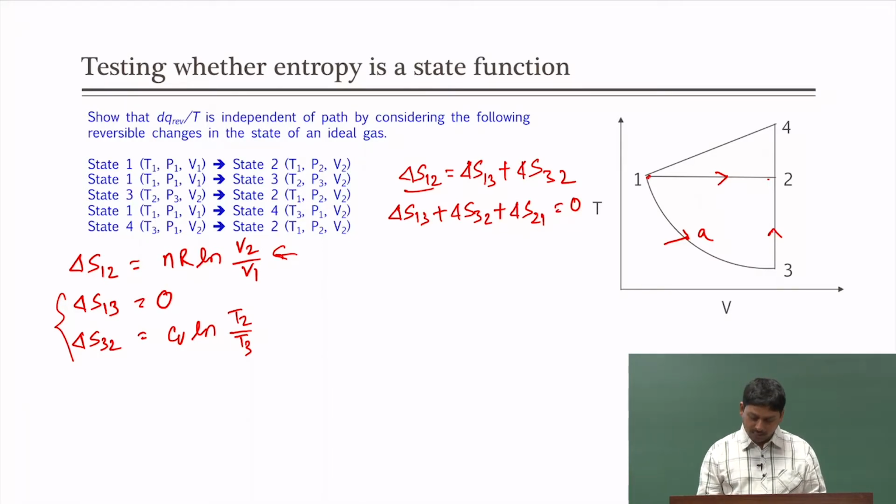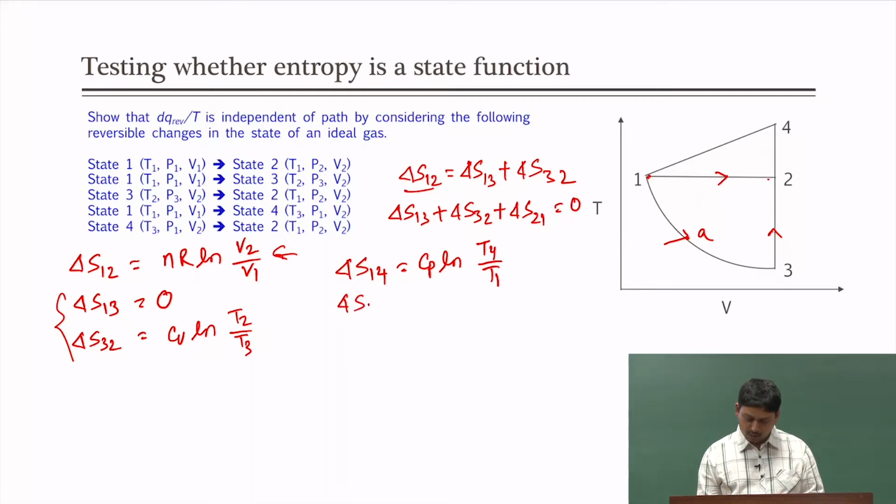So, one more step is remaining, calculation of entropy of 1 to 4. Now, 1 to 4 is a constant pressure process, so delta S14 is Cp ln T4 by T1. For 4 to 2, temperature is changing, pressure is changing, volume is not.